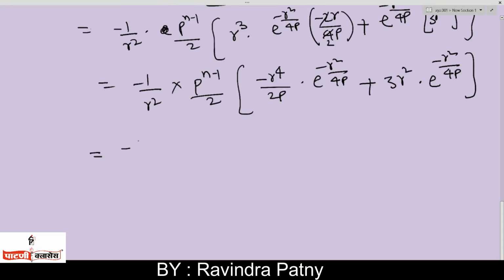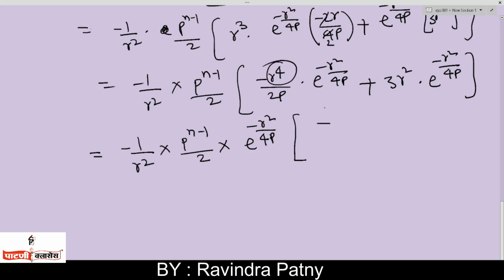That is equal to minus 1 upon r square into p raised to n minus 1 upon 2 into e raised to minus r square upon 4p, common. What is left now? r raised to 4. Here is r raised to 4. So that can be written as r square into r square upon 2p plus 3r square.